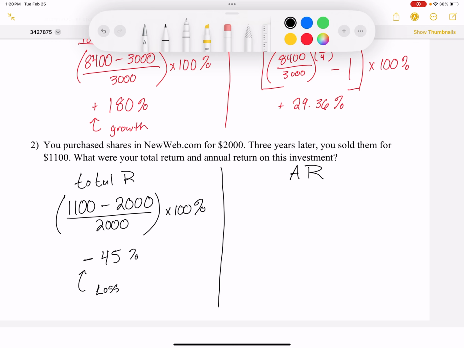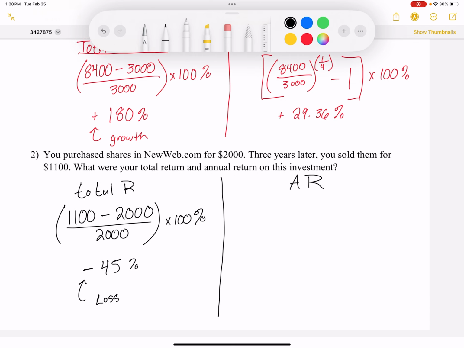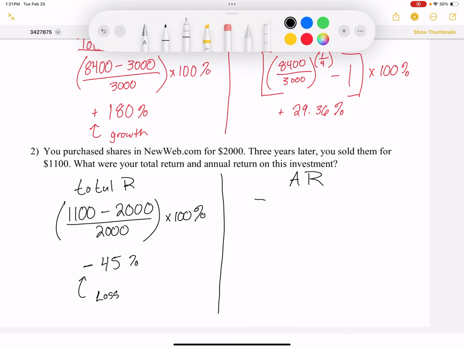All right. What about the annual return? Well, I'm taking my accumulated balance, $1,100, dividing it by my initial balance or my principal, $2,000. I'm putting that to the 1, and then however many years that was, so 3 years later, so 1/3.